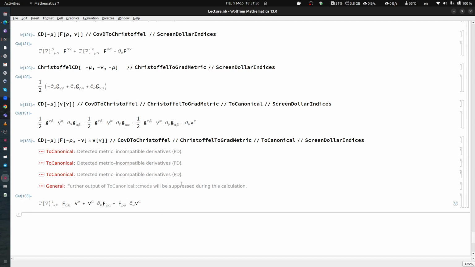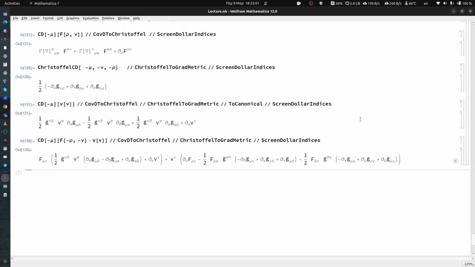But by ignoring those messages, we see that the final result is here. So you see this term with the Christoffel symbols. This appeared because of the use of ToCanonical. If we remove this, we have an expression that has no Christoffel symbols.